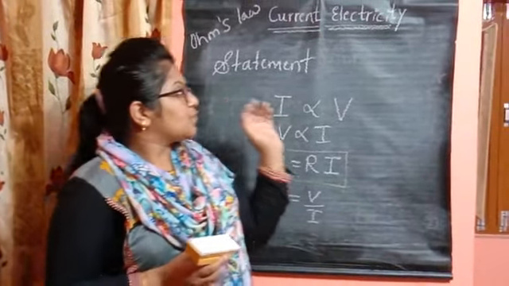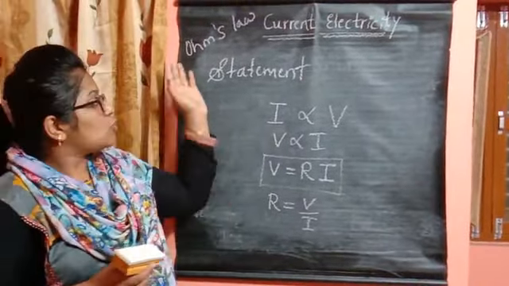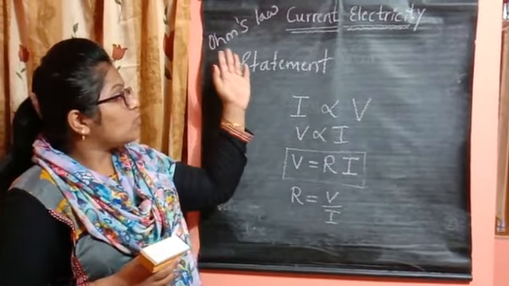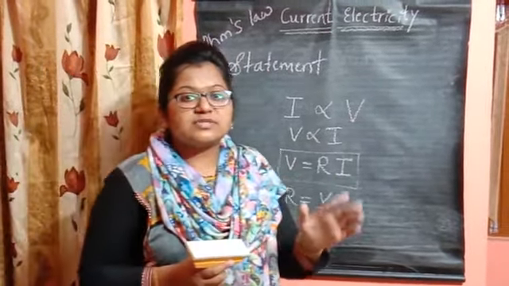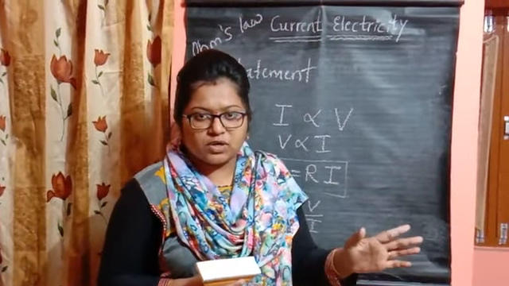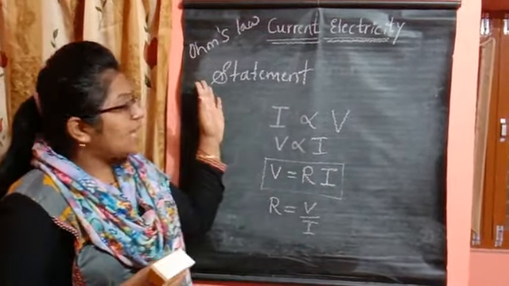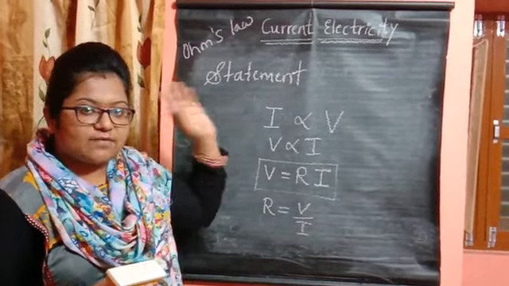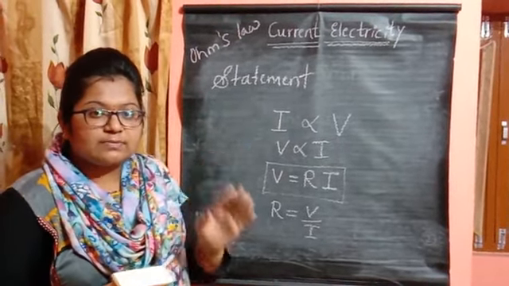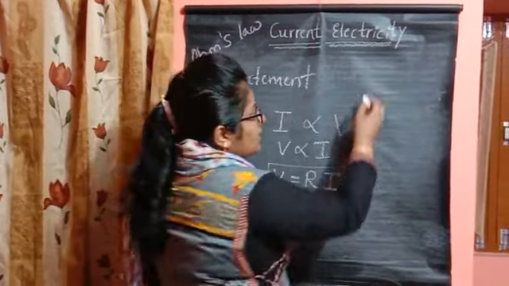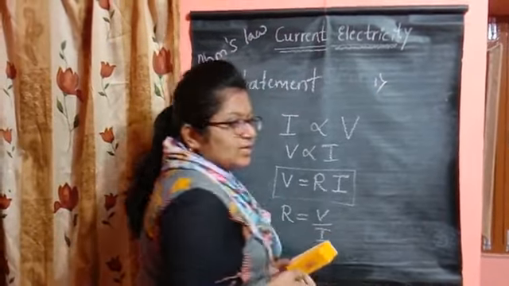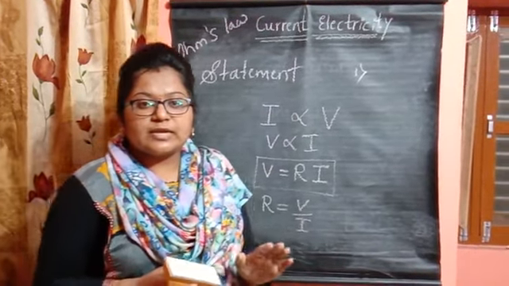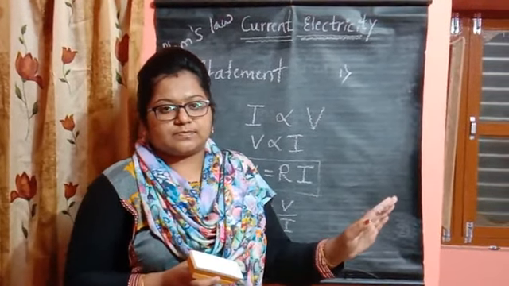We need to know that this Ohm's law we are stating and explaining holds good only for some particular situations. That means Ohm's law has some limitations too. Either way it has its own importance, but it has some limitations. So what are the limitations? The first limitation of Ohm's law is that it is applicable only for conductors.